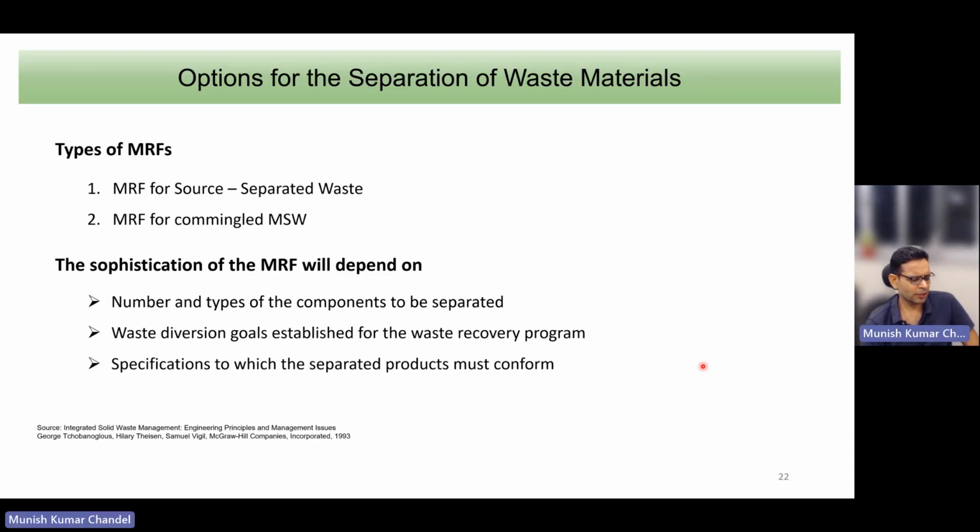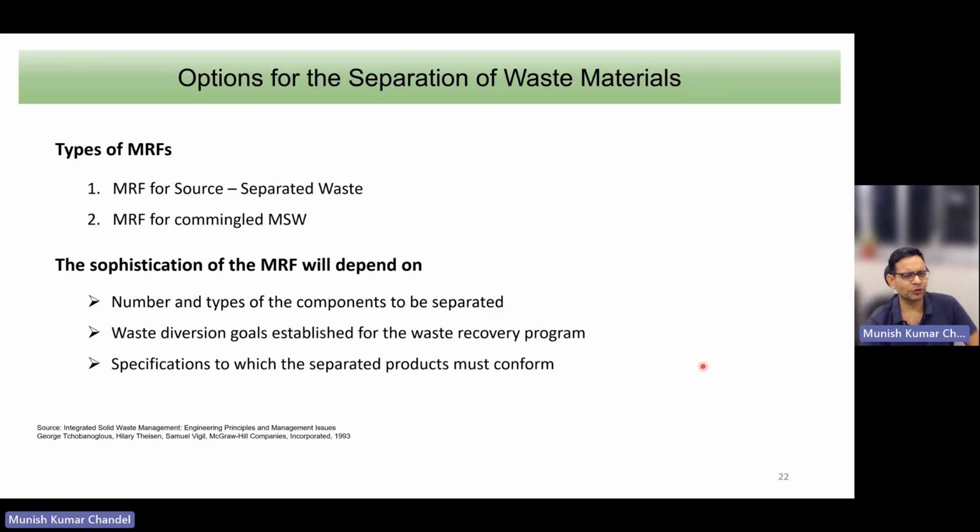And more importantly, if you look at it from an economic perspective, this will depend on the cost or economics associated. For example, you can have a very sophisticated MRF facility, but if there is no market for these separated materials, it will not be wise to have that kind of sophisticated facility. But if you can separate materials and there is a market for them, you can have a really sophisticated MRF facility.